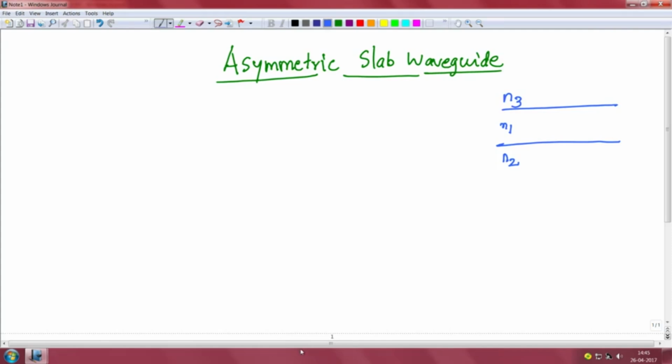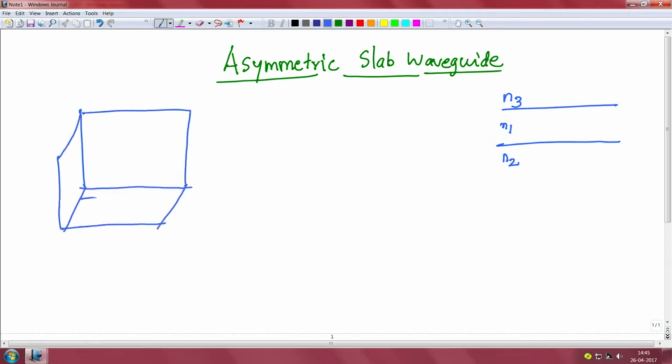The three-dimensional structure of an asymmetric slab waveguide will look like this. If we take a substrate and make the whole top surface with a different refractive index, we get an asymmetric slab waveguide. And of course the cross section, as we have noted, is like this.